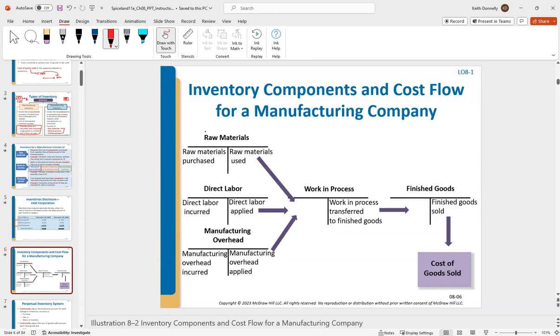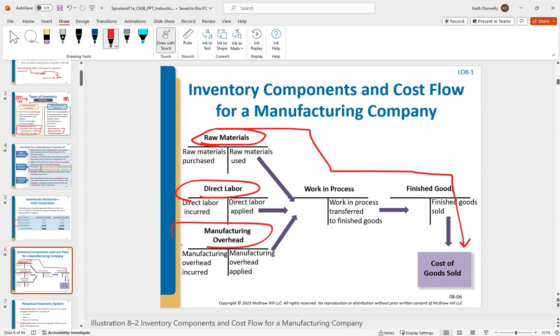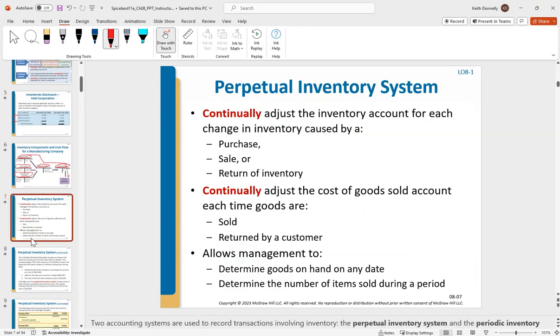And whenever you take managerial and cost accounting, you'll see the journal entries for that. Essentially, you transfer it over from the raw materials and those secondary costs into your WIP. Then you take it from your WIP into your finished goods. When you sell it, that's when you hit the cost of goods sold. But you'll learn more about that in your cost and managerial accounting class.